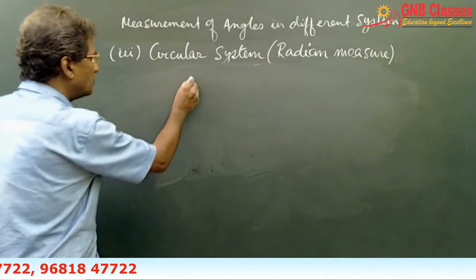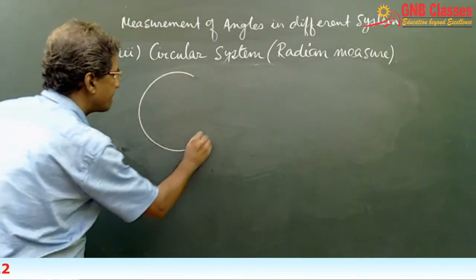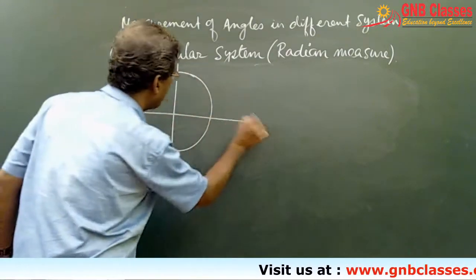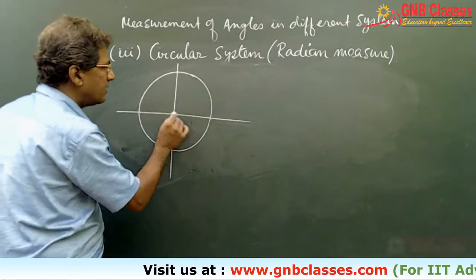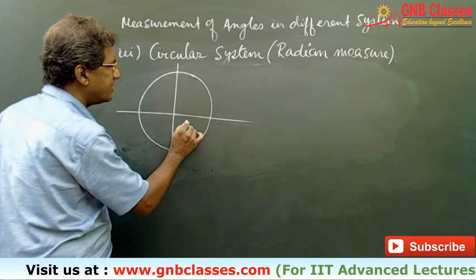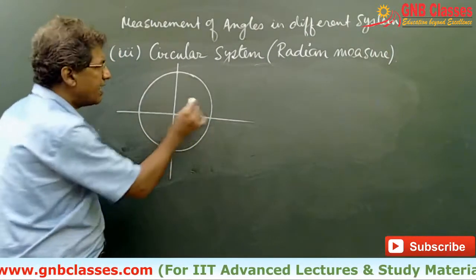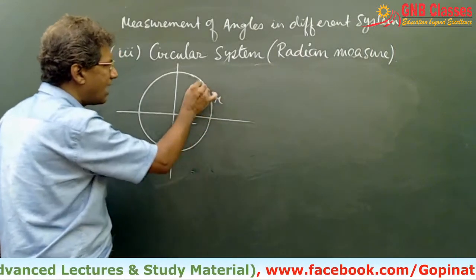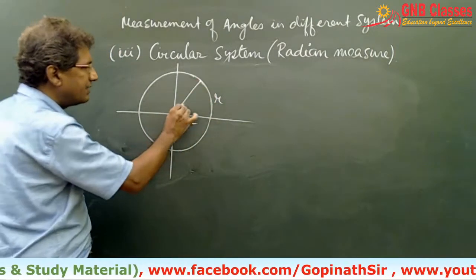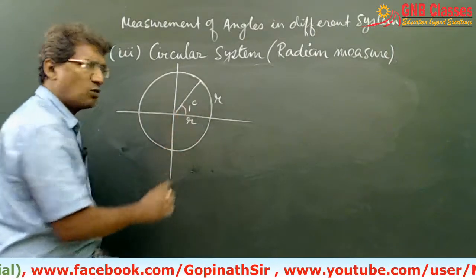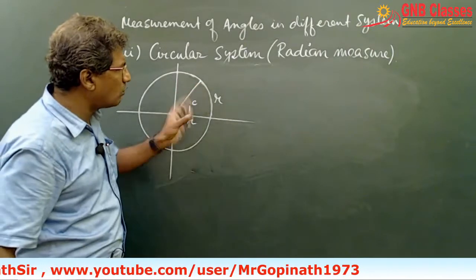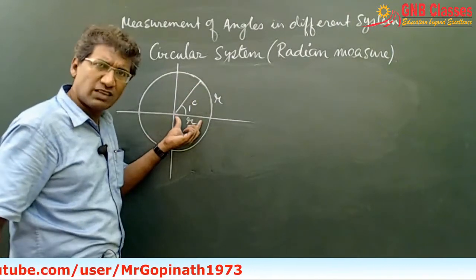Now let me consider a circle. 1 right angle is taken. Let us say this length is r. Now let me take the length of the arc as r, and this angle will be nothing but 1 radian according to the definition, because the length of the arc is equal to the radius of the circle.